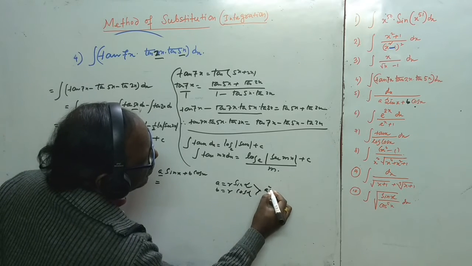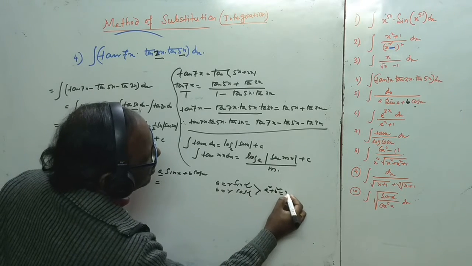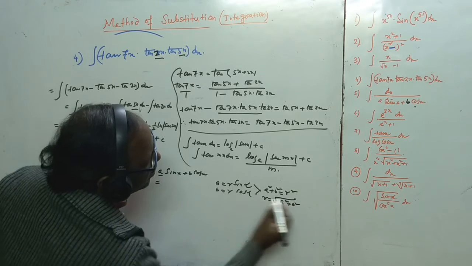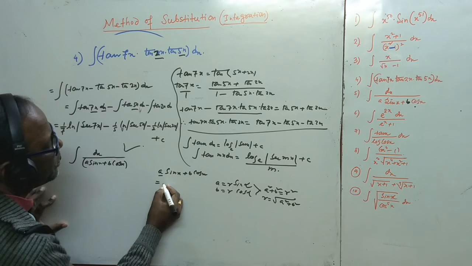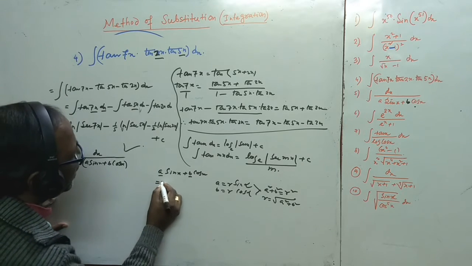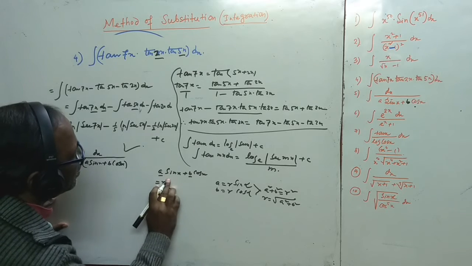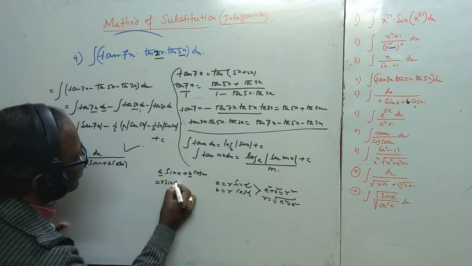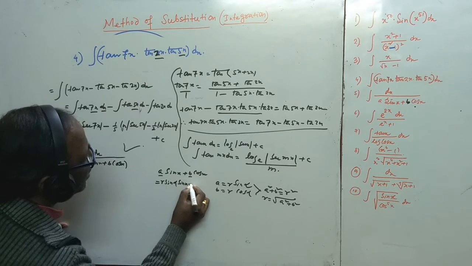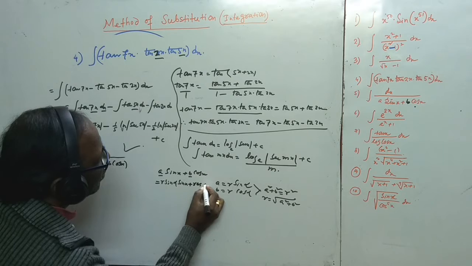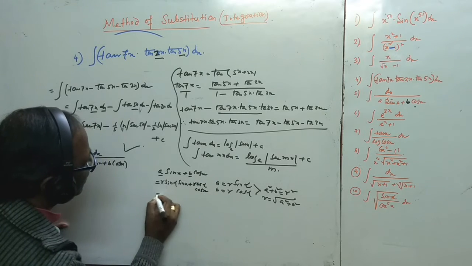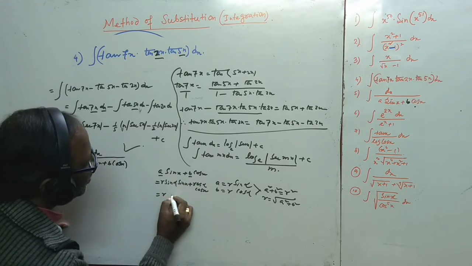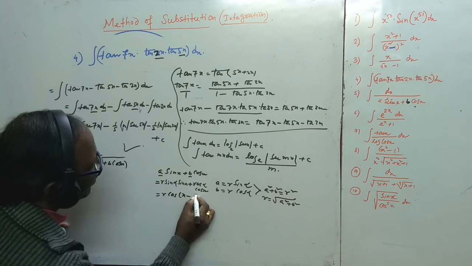Squaring this, a square plus b square is equal to r square. So r is equal to root over a square plus b square. Now put a and b and take r common here. First put a means r sin alpha sin x, b means r cos alpha and cos x. Take r common: sin x cos alpha plus cos x sin alpha, and that is sin of x plus alpha.